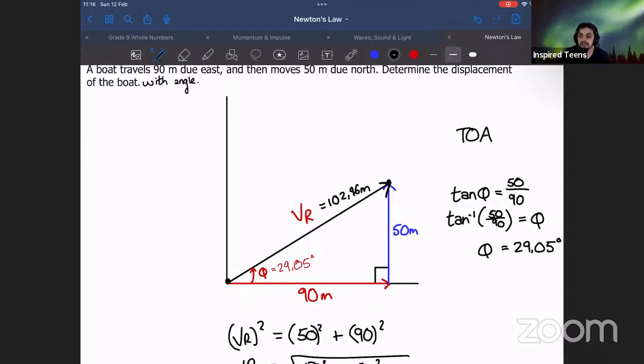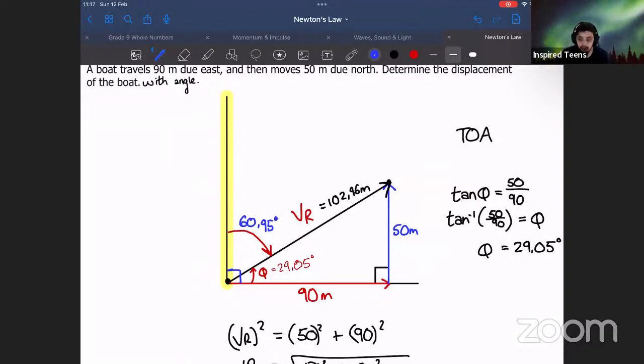If you have to answer it on a bearing, remember that the bearing is always from north. So the bearing angle would be from there to there. While the entire thing is 90, this is 29.05. This will be 90 minus 29.05, which is 60.95.